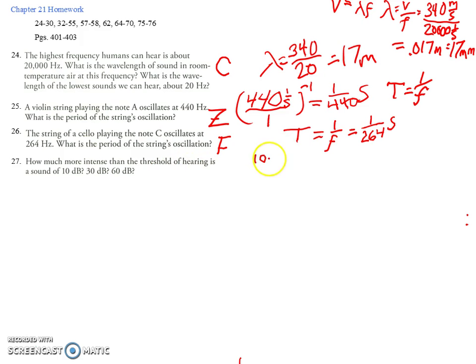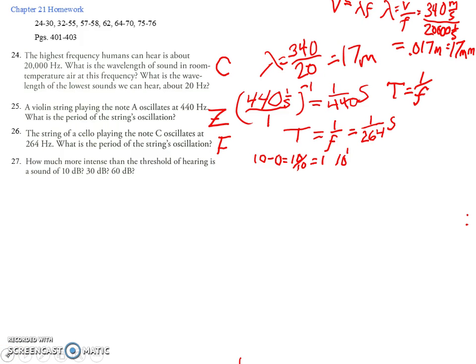So 10 minus 0 equals 10. Divide that by 10, which will equal 1. So it's going to be 10 to the first power times.